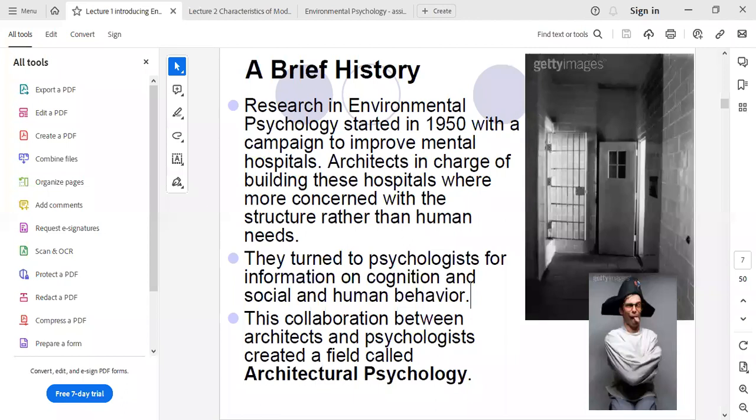Apologies. All right, can you see a brief history? A slide written brief history. Hello, can anyone confirm that you are viewing this slide written a brief history?